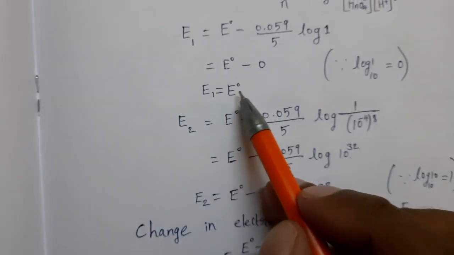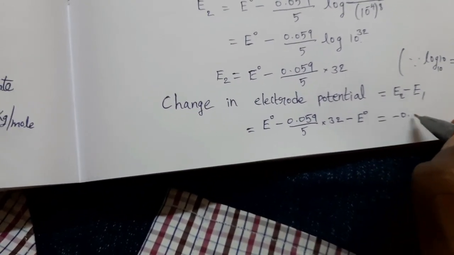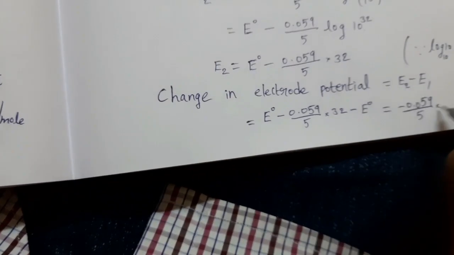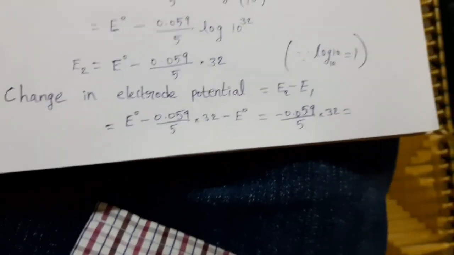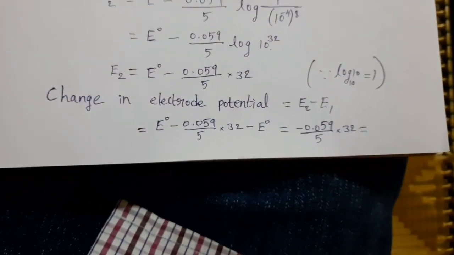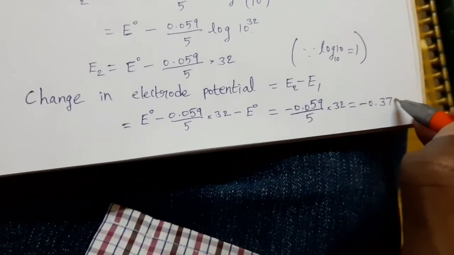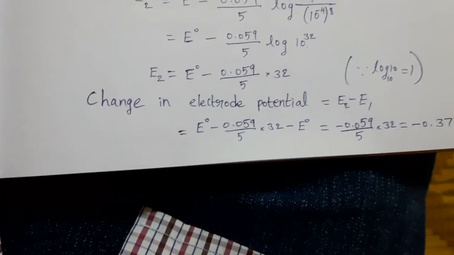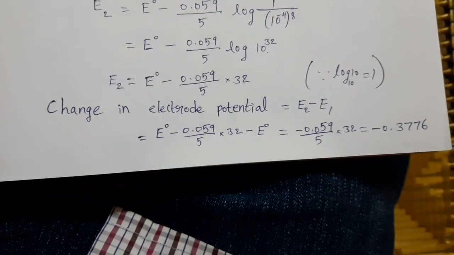E1 means this one. So substitute this one, then we can get this. That is minus 0.059 by 5 into 32. That equal to, after calculation, we can get minus 0.3776. So this is change in electrode potential. So this is the answer. Thank you, students.